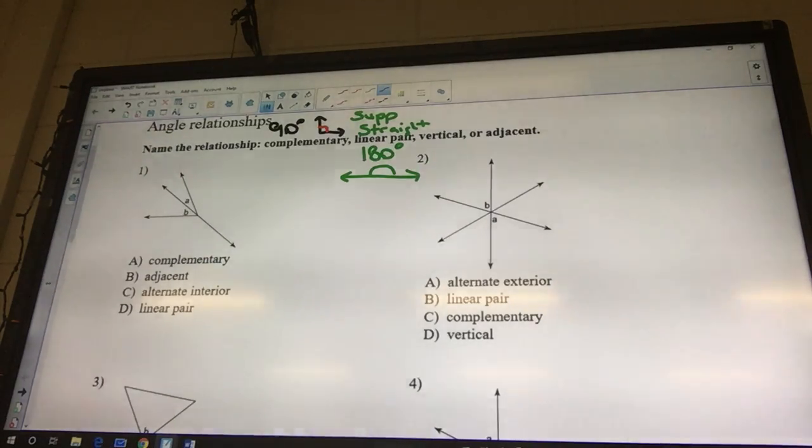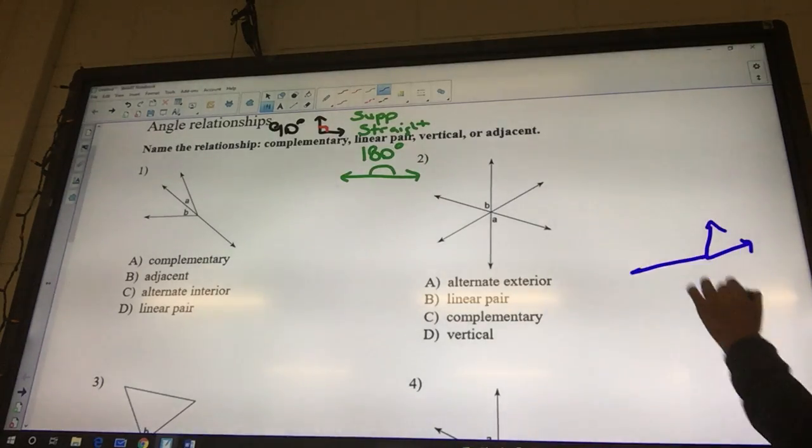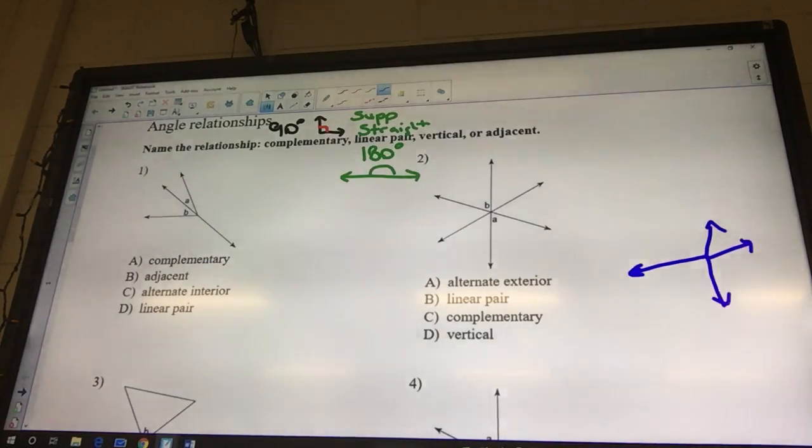They have to be the same size. Yes, they are opposite, but they're no longer vertical because they're not the same size. So they'd be the same size and the same vertical.